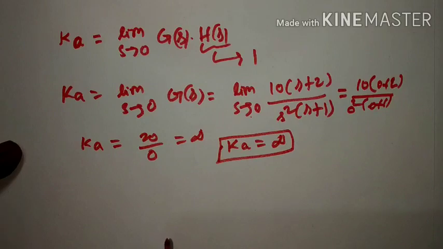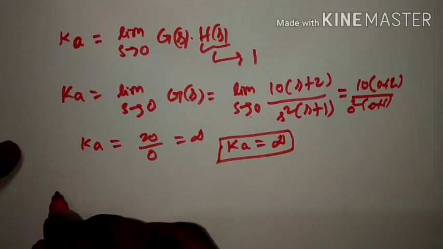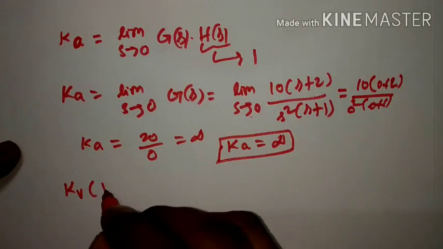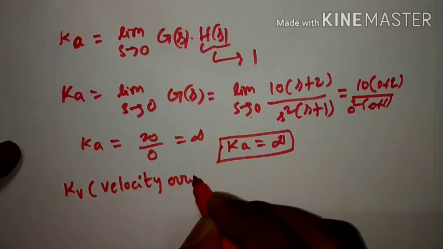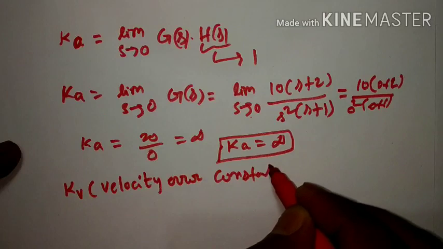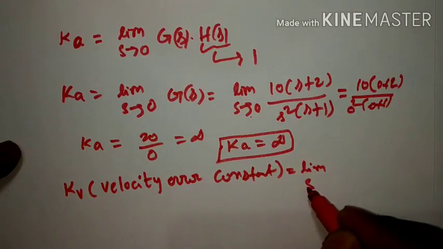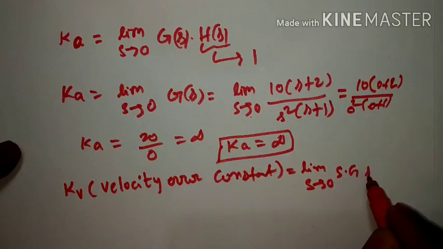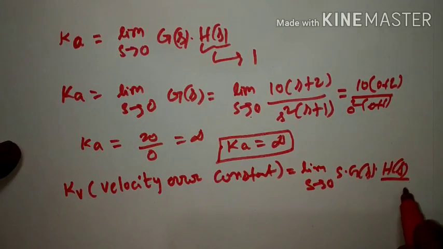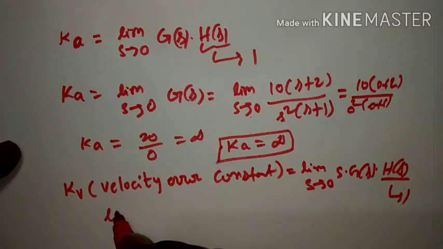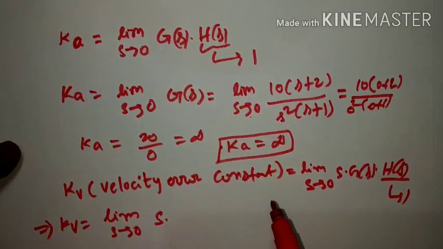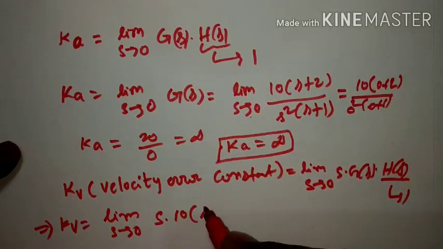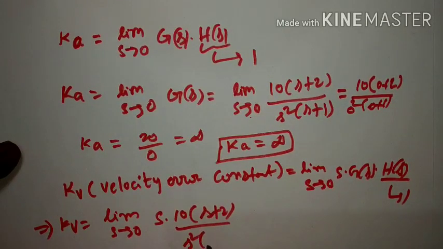Then you find Kv, the velocity error constant. Kv is equal to limit s tends to 0 of s into g of s into h of s. Here h of s is equal to 1. So Kv is equal to limit s tends to 0 of s into g of s, with g of s being 10 into (s plus 2) by s square (s plus 1).